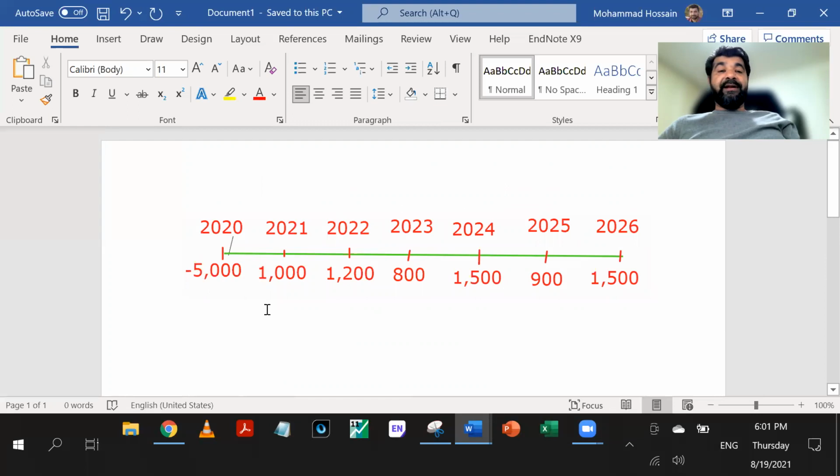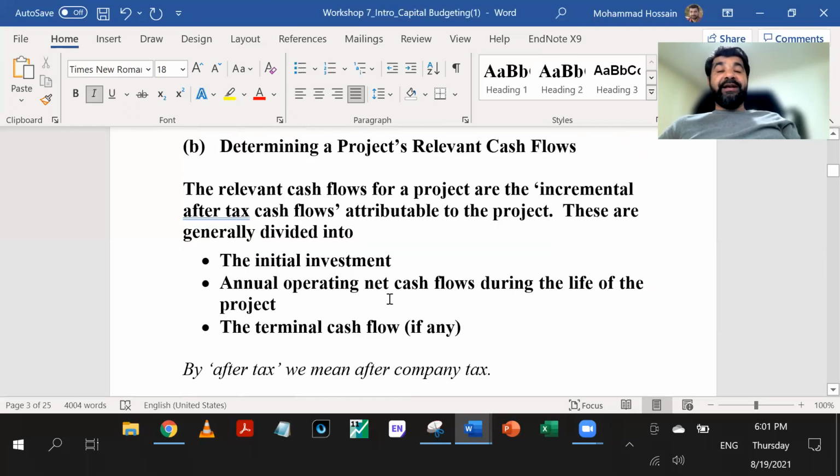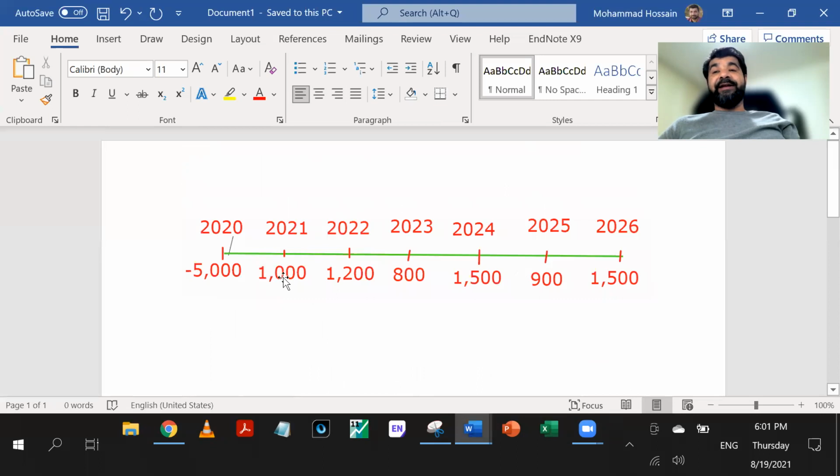Okay. Then annual operating net cash flow during the life of the project. This is important. So every year, how much money is coming in, the annual cash flow, you see. Another one is called terminal cash flow. Terminal means last year's amount of money you're getting. Terminal means last year, termination.